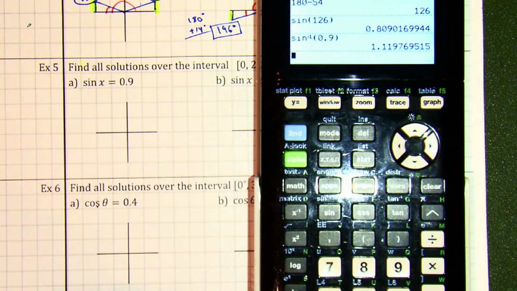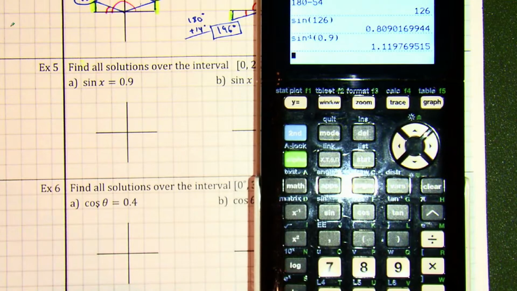So the y value is 0.9 here. Maybe higher. So there's another angle. This is 1.1. Another this is 0. Another this is pi now instead of 180 since we're working with radians.